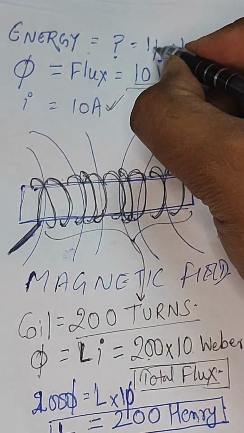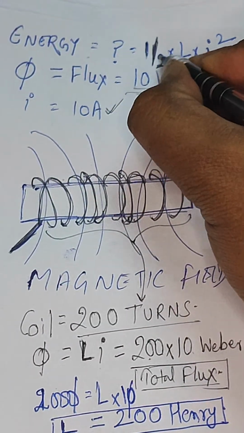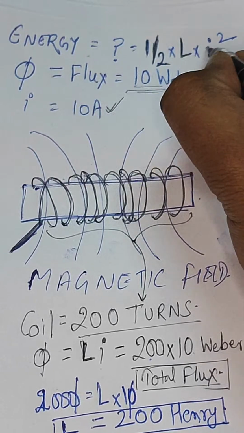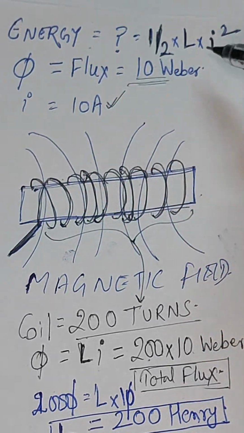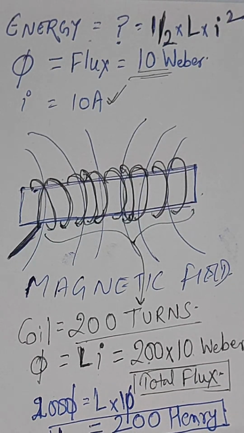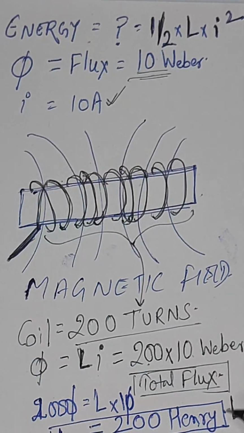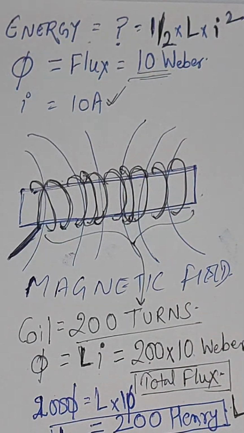This formula is readily available and known to you and should be remembered. We were not knowing the value of L, but we have calculated L equal to 200 Henry. Now put it over here to get the energy.